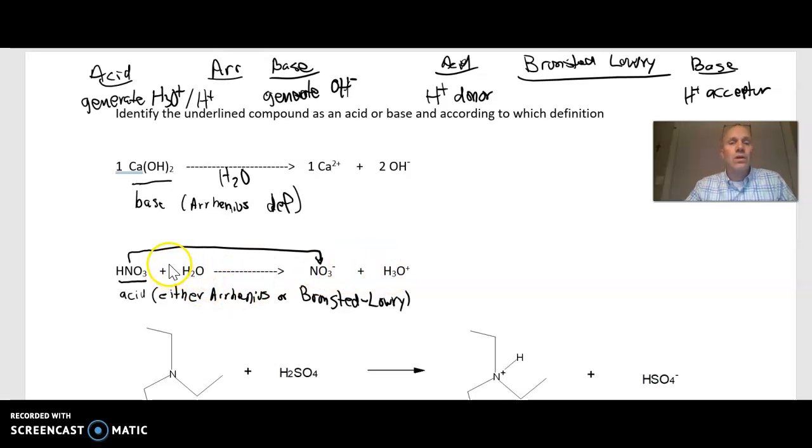By looking at it that way, since in this role this thing is donating an H plus, that makes it an acid by the Bronsted-Lowry definition. Notice that by both definitions, it is an acid. Just to use an analogy, if you were to look at somebody's great grandfather, you could identify that person as being old, number one, by their appearance.